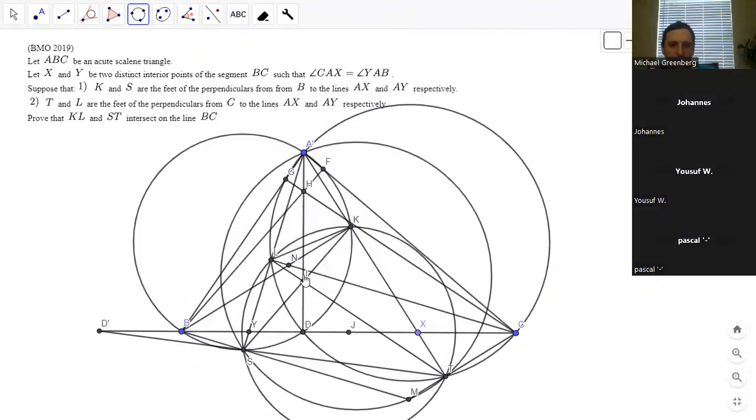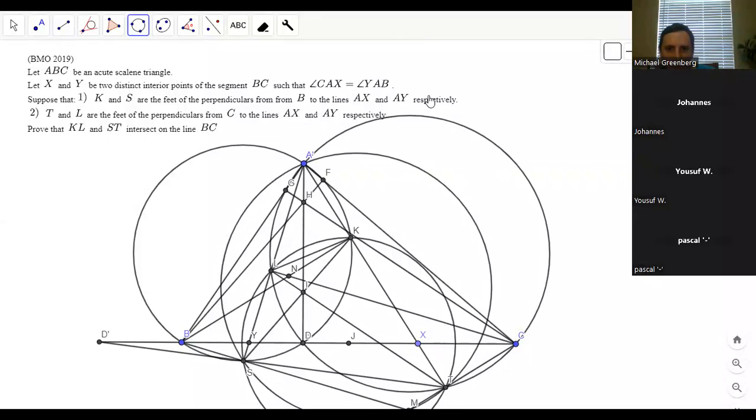Maybe we could use Pascal's to show, let's see, NI. We could see that SK and LT. J is the center of SKLT.